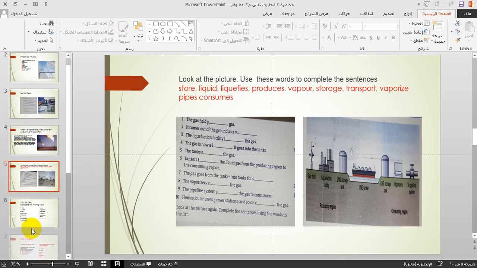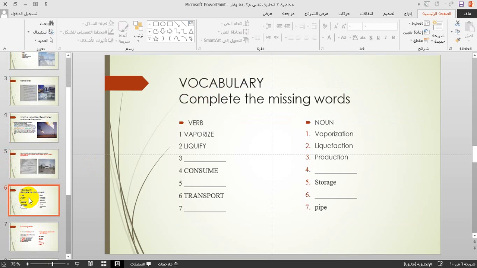Okay, then vocabulary. Complete the missing words. Here you have verbs. The first column consists of verbs and the next column consists of nouns, so this is derivation. Number one, the verb is vaporize, the noun is vaporization. Two, liquefy, liquefaction.